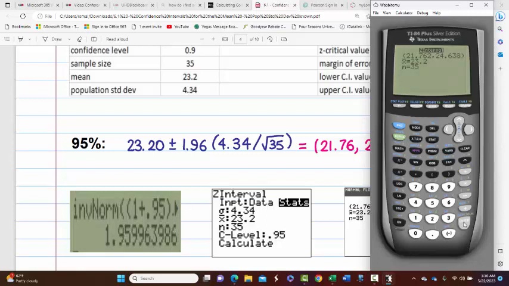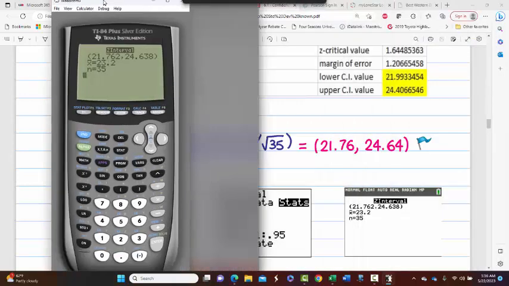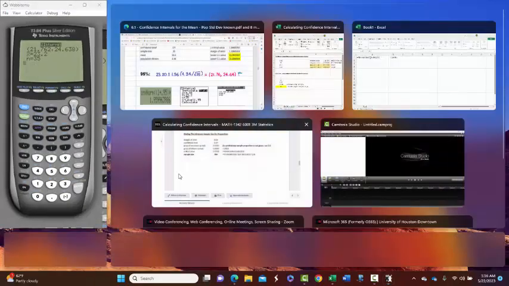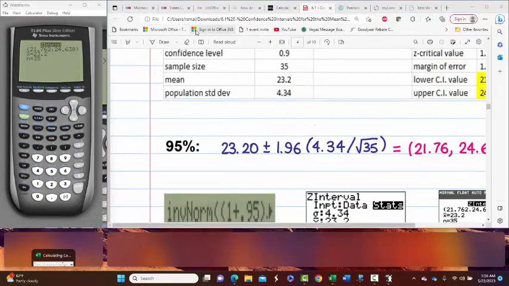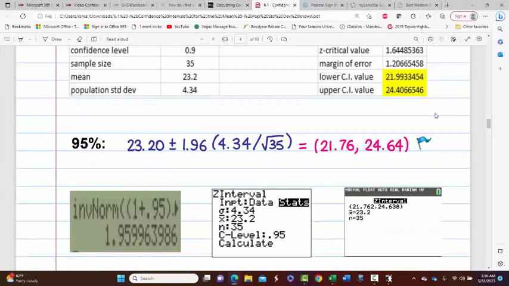And then I'll move this over, but you can see it's 21.76. There it is right there, to roughly 24.64.